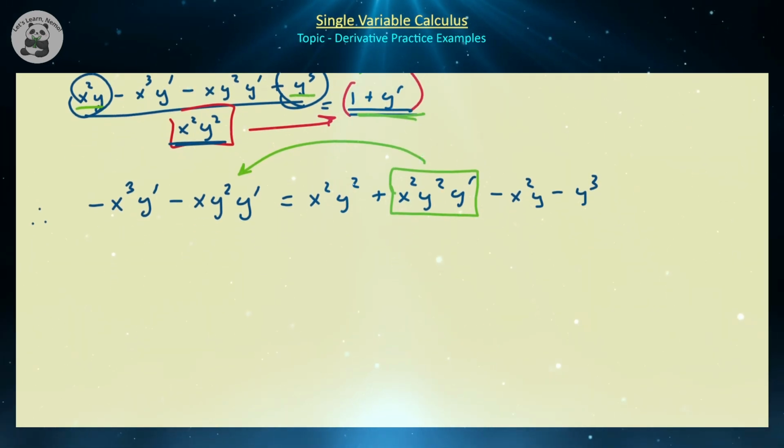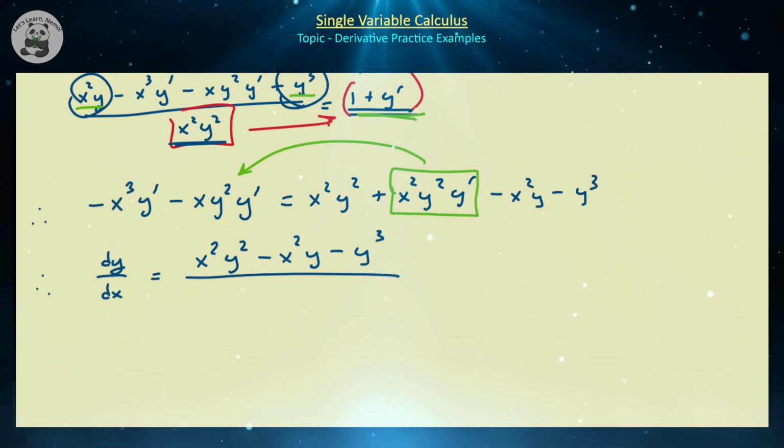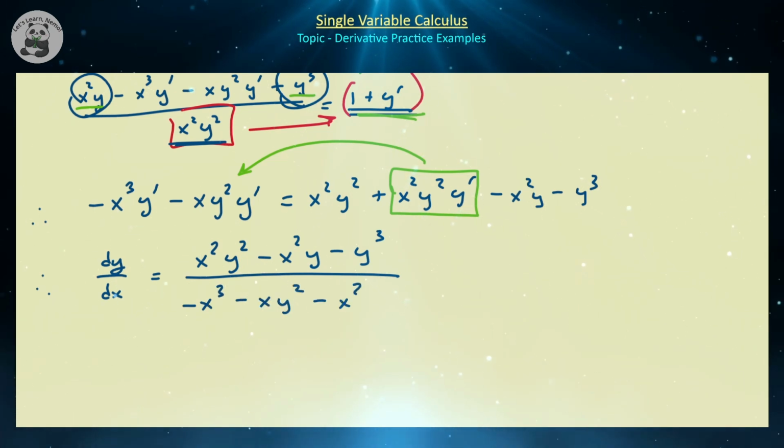So once I have that, dy dx is going to be equal to x squared y squared minus x squared y minus y cubed on the right-hand side, all over minus x cubed minus xy squared minus x squared y squared on the bottom, right? Notice that we do have a couple of x's in common.